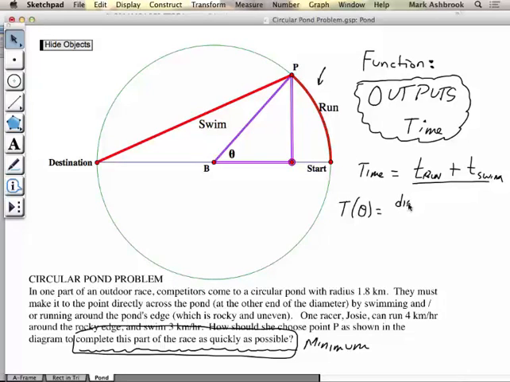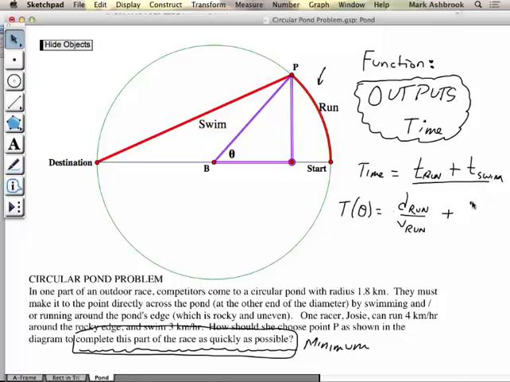Time is distance over speed. So the time for the run is the distance of the run over the speed of the run. We'll call that speed V. S is what we usually use for arc length, so V for velocity.